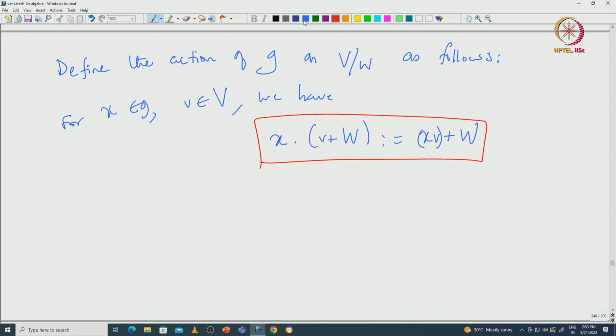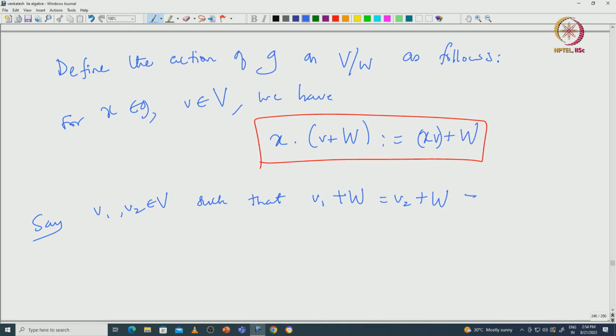Okay, I will check that this actually defines a well defined action. I will leave it to you to check all the module properties. So, what is the meaning of whether it is well defined or not? We can take two different elements v1, v2 in capital V such that v1 plus W is the same as v2 plus W. What is the meaning of that?